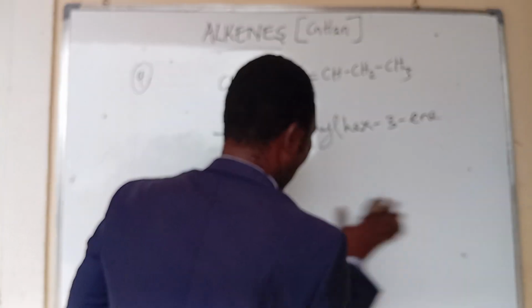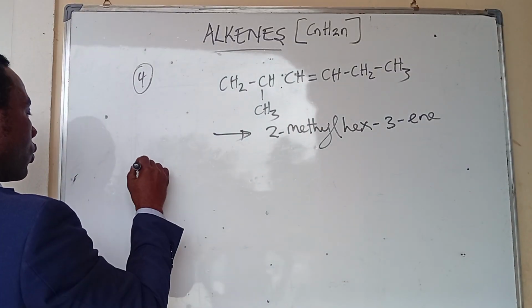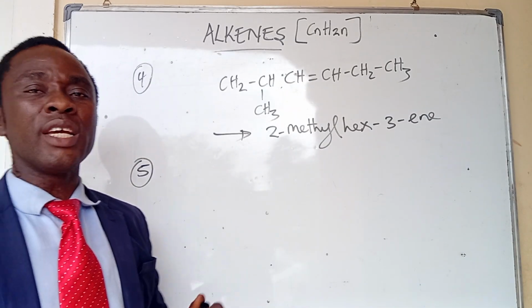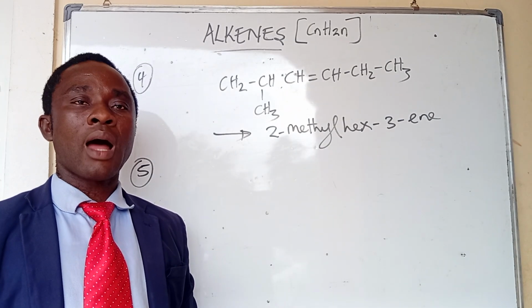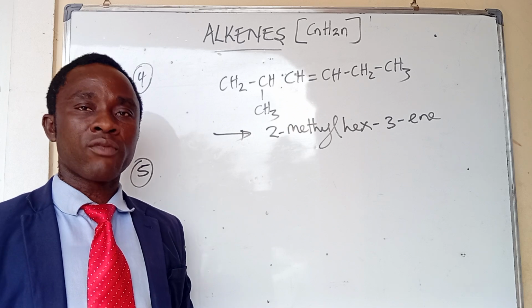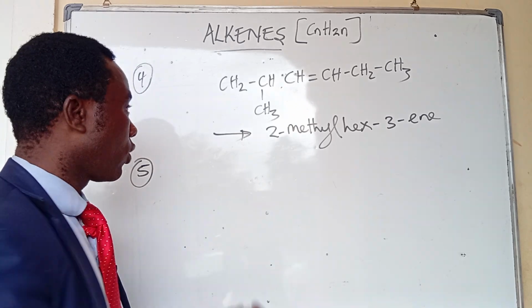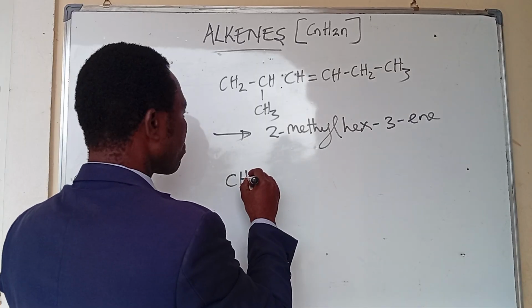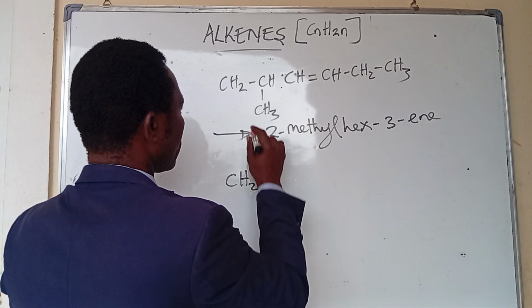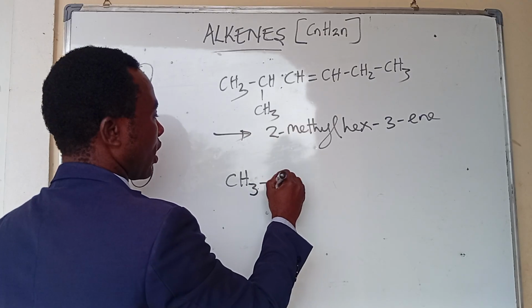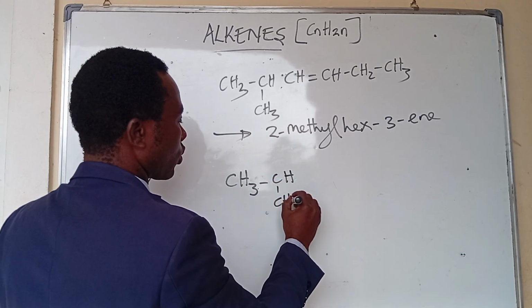Now number 5 rule. When you have a symmetrical alkene in which a substituent is also attached at the same position from either side and they are different substituents, what do we do? We have CH3, then CH, then CH3.